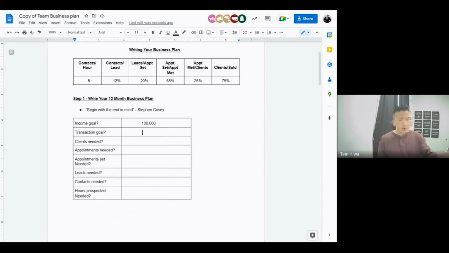So in this scenario, to keep it simple, $5,000 average commission is going to take us 20 transactions to hit that 100,000 goal. If you do that math, it's literally 100,000 divided by whatever your average commission is. And this will get you the 20.